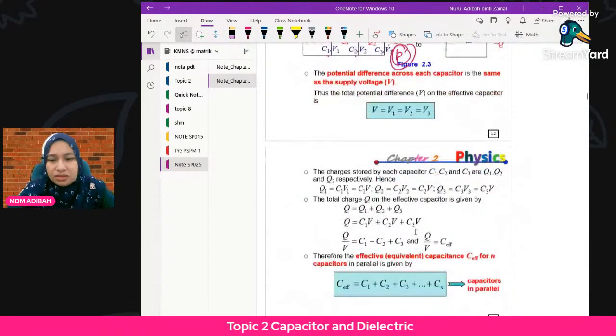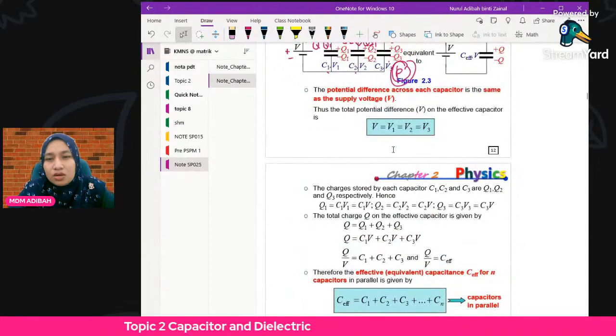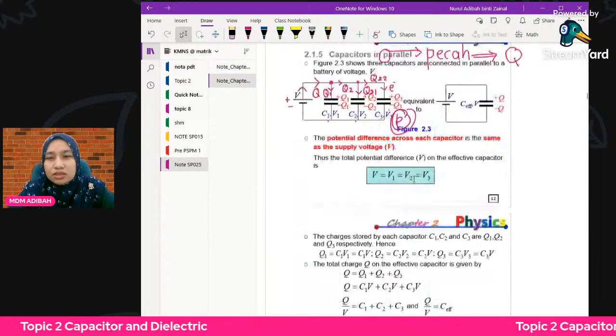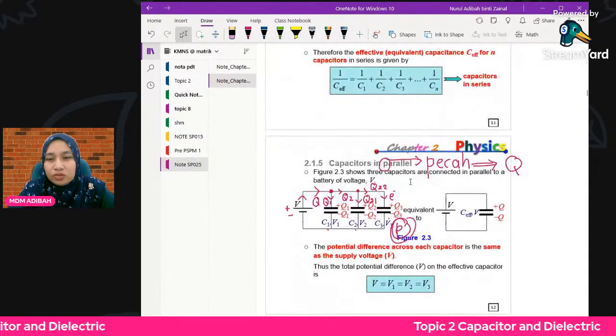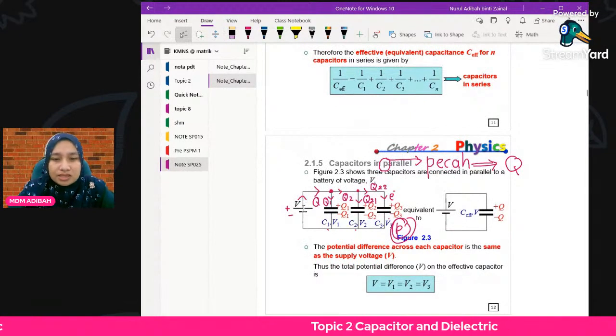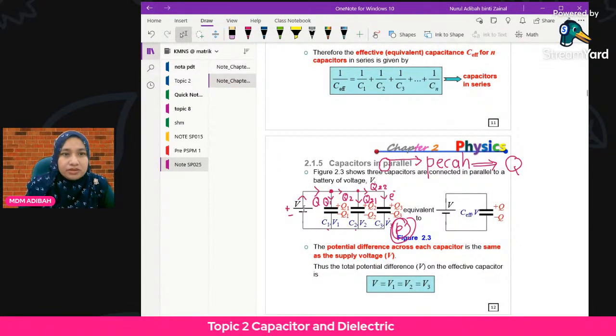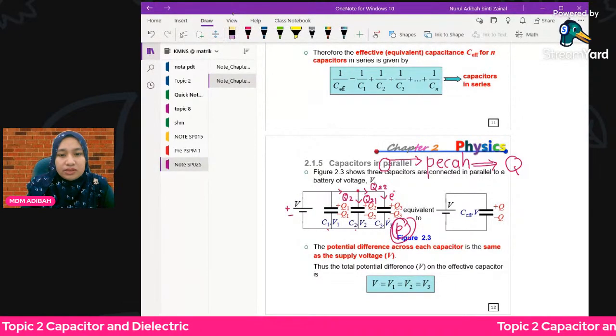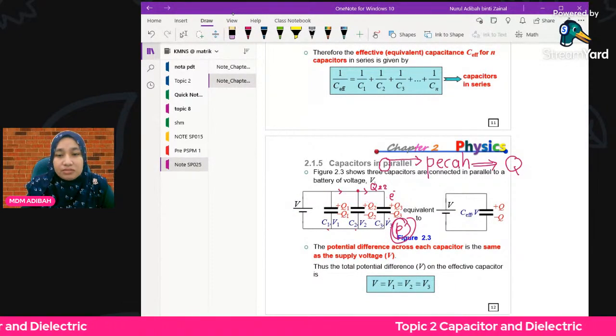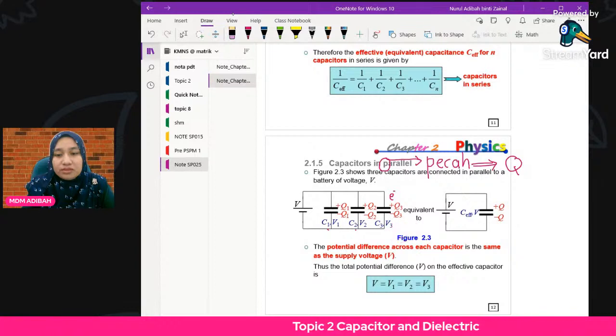Okay, untuk in parallel, kita back to parallel. In parallel, since dia datang daripada power supply, potential difference-nya sama. Kenapa potential difference sama?